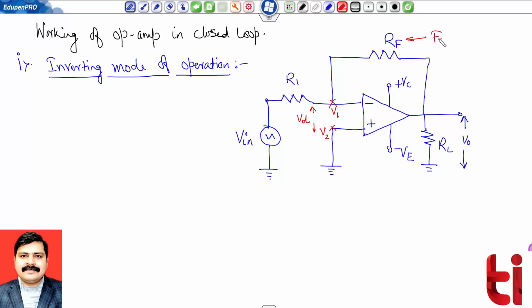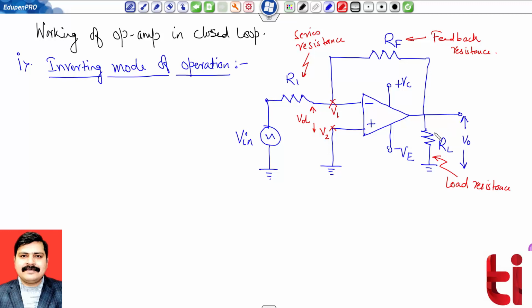This is my feedback resistance, this is my series resistance, and this is my load resistance across which we are measuring the output.